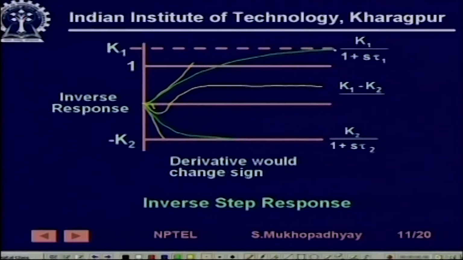So, eventually, this is the overall response. See that if a positive unit step has been given, initially the system will show an inverse response, it will go in the opposite direction and finally settle down in the positive direction. This is what is called an inverse response.